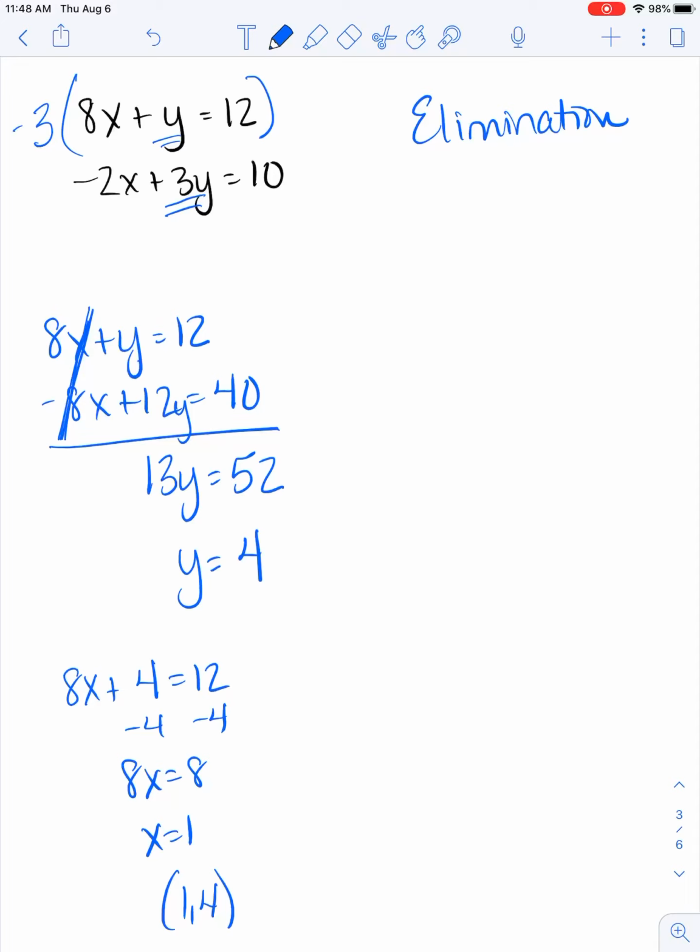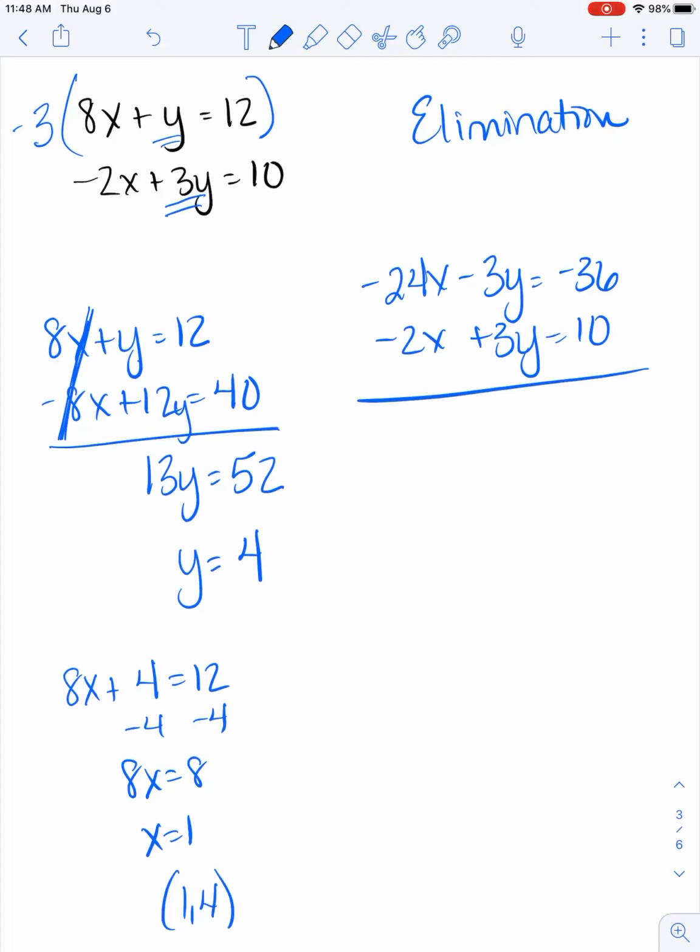They have to be the same number and opposite signs, so I'm going to give him a negative. So I'm going to take the top equation, that's going to give me a negative 24x minus 3y equals a negative 36, and then the bottom equation gets nothing, and now my y's cancel.